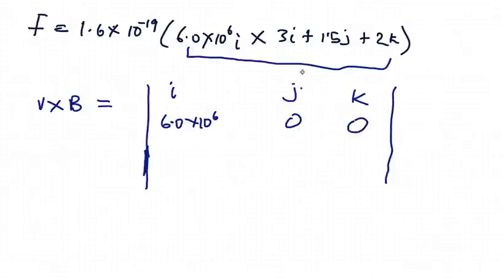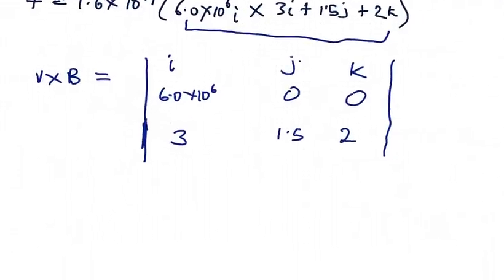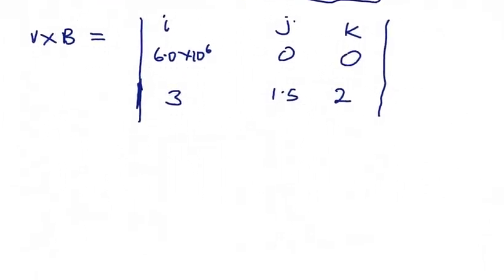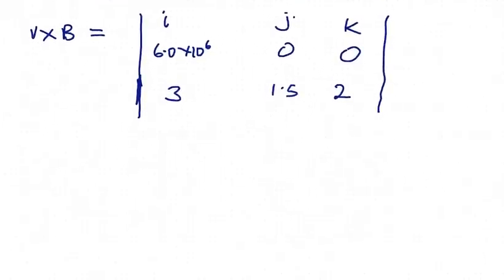Then the component of the magnetic field in the i direction is 3, in the j direction is 1.5, and in the k direction is 2. If you don't know how to solve the matrix and determinant, you can go back and check our previous video on that. I believe it will be a better guide, because I'm not going to explain it explicitly.